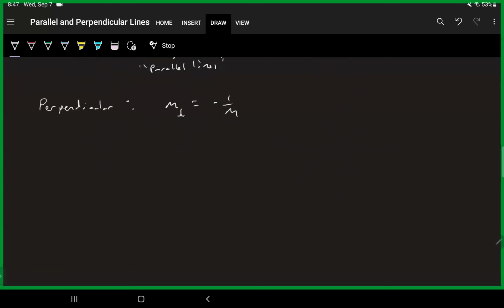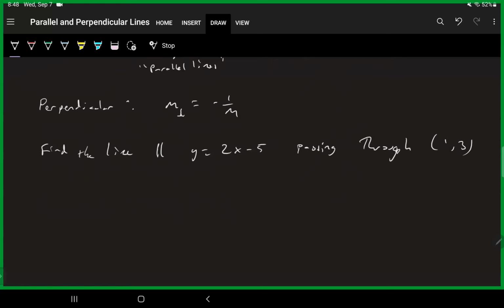So let's look at a couple examples. Find the line parallel to y equals 2x minus 5 and passing through 1, 3.